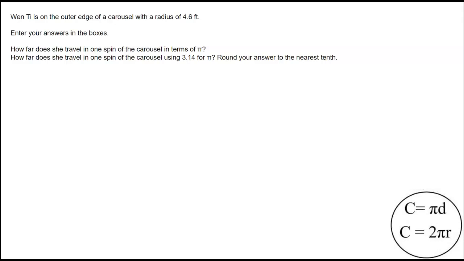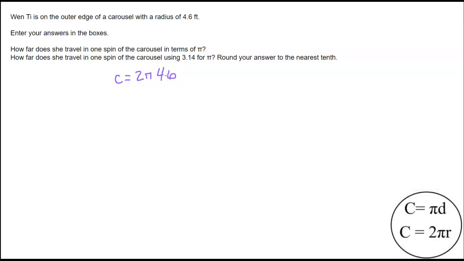It's important to pay attention to the fact that the radius is 4.6. So we're going to use the formula C is equal to 2 times pi times 4.6. You're going to see pi and diameter interchanged a lot.